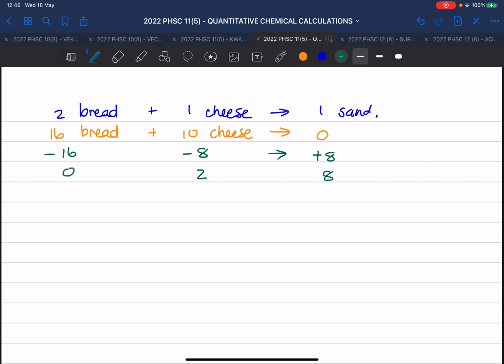The one where we use all of it, that was limiting, we call the limiting reagent. The one that we have too much of, we call the one that is in excess.